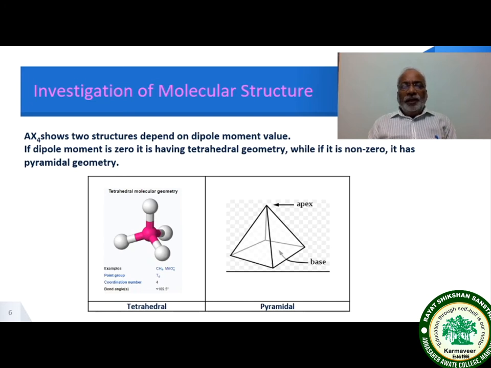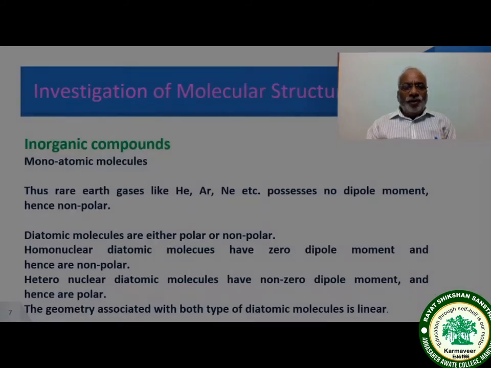So the tetrahedral structure has mu equal to 0 and the pyramidal structure has mu non-zero in nature. So the dipole moment value itself indicates which geometry one could assign to the molecules.